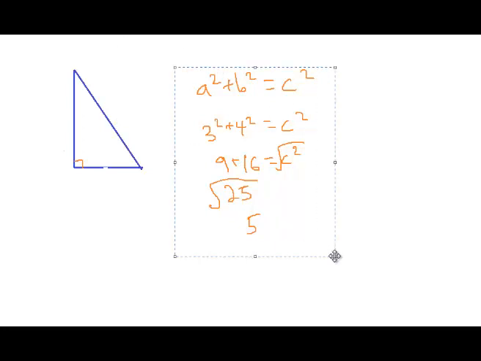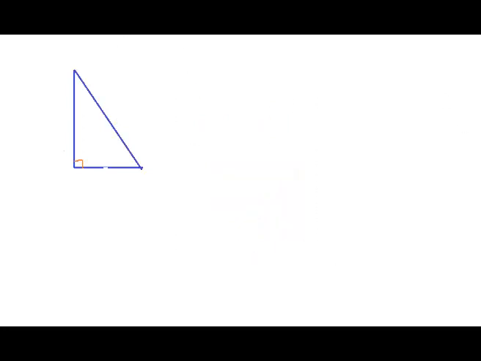Let's say this side is 8 and this side is 17, and you want to know what this side is. Again, A squared plus B squared equals C squared, where C is the hypotenuse.